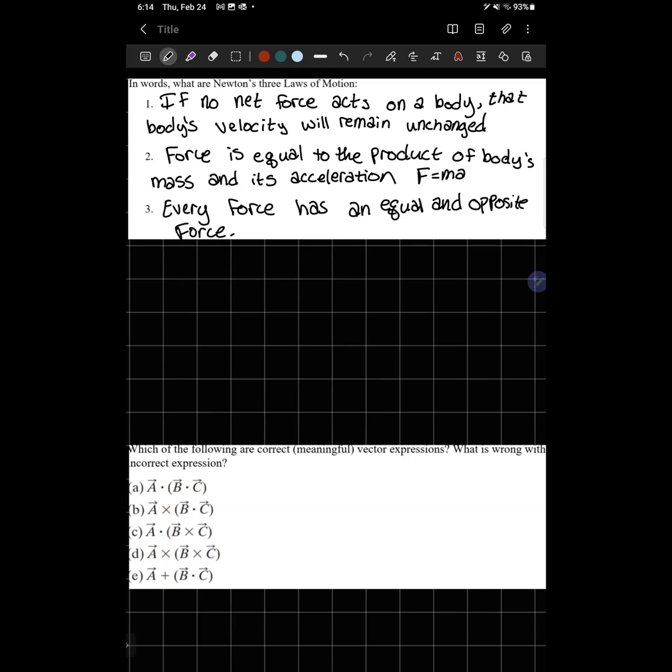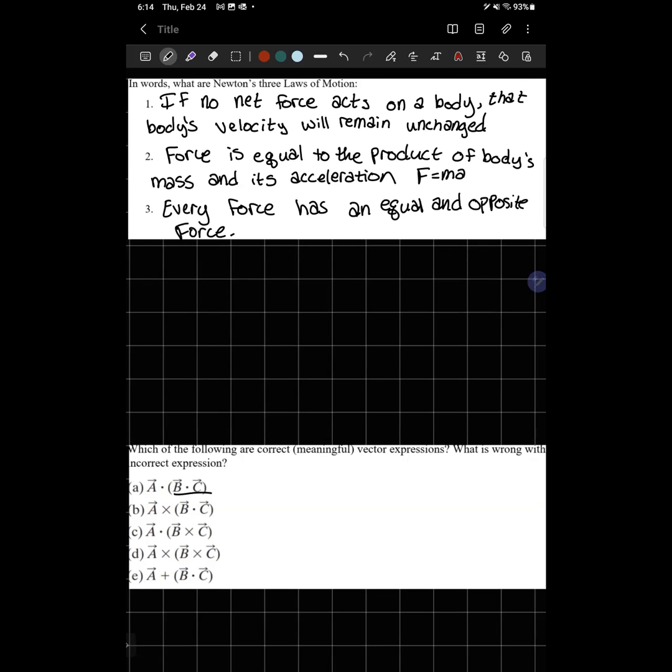Starting with A, you already know what it says. Whenever you dot B and C together, you're dotting two vectors. What is the outcome of a dot product?